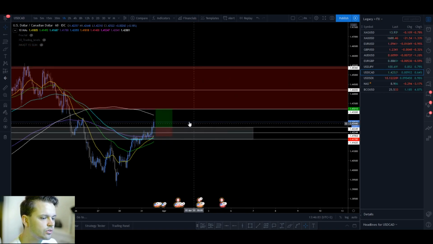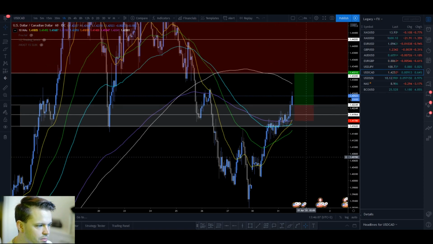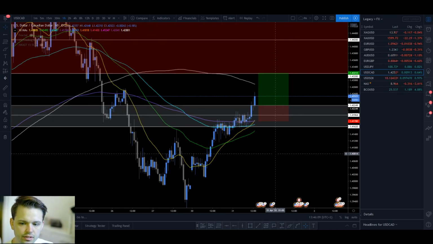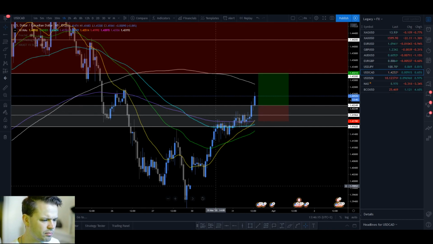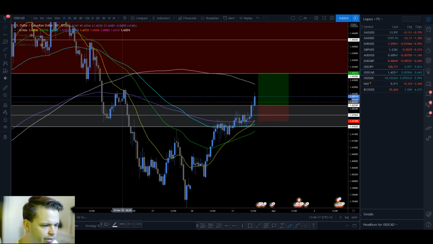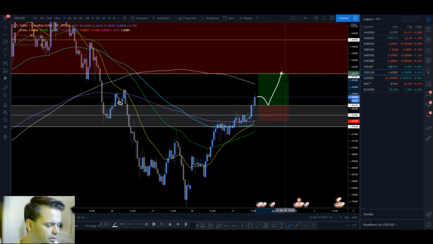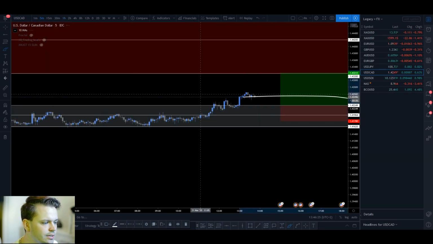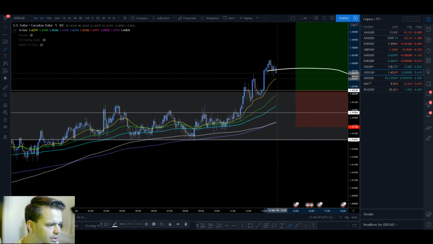And you could use the 1 hour as confirmation because it closes in 13 minutes, right? You can also see how price reacted to that area here, right? So you might get a move like this, right? And up here. So yeah, that's actually looking pretty interesting here.